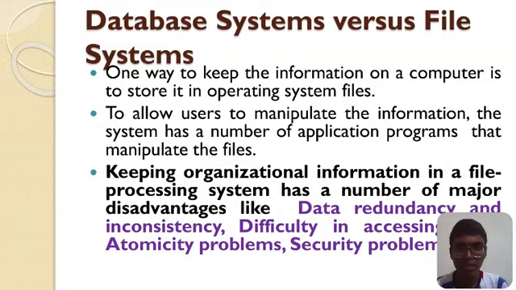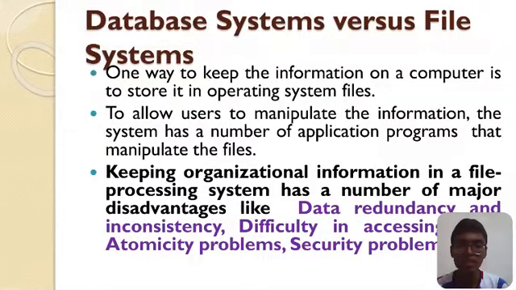Next point is database system versus file system. So there were two systems. One is the database system and the earlier system is the file system. One way to keep the information on a computer is to store it in operating system files to allow users to manipulate the information.